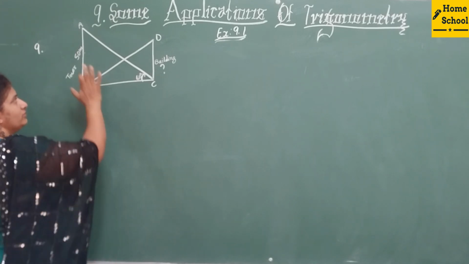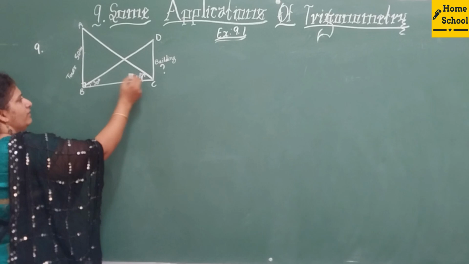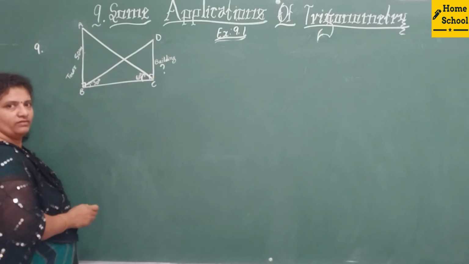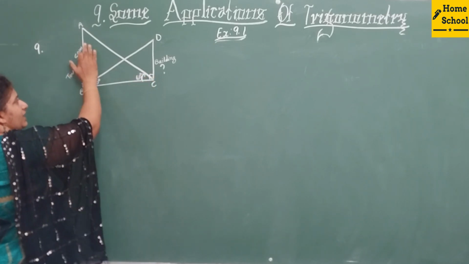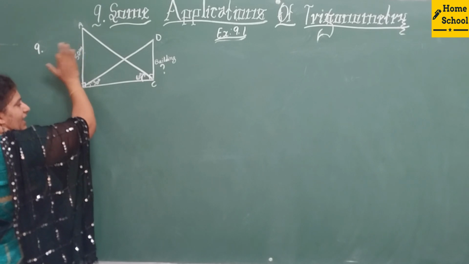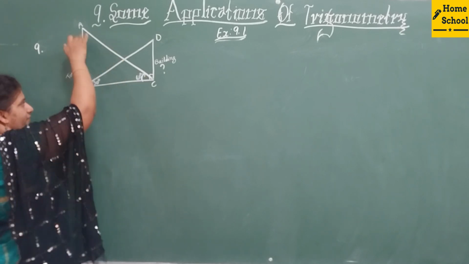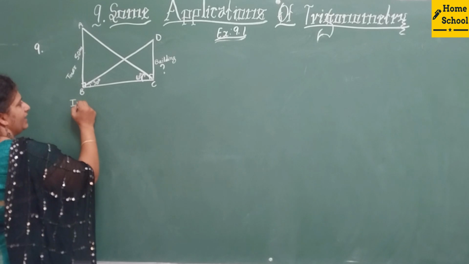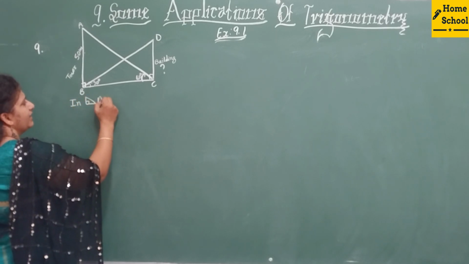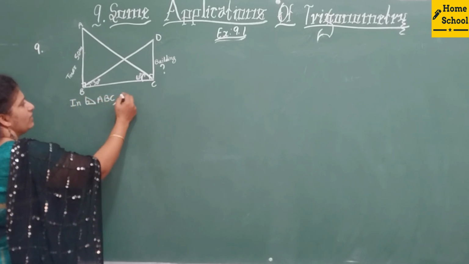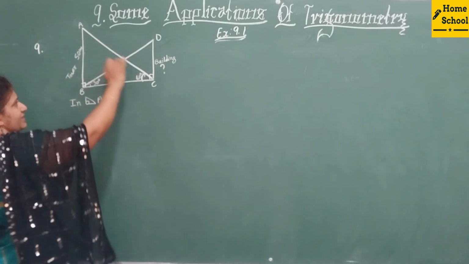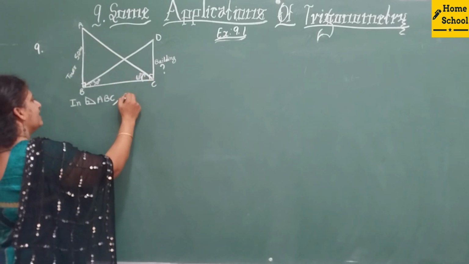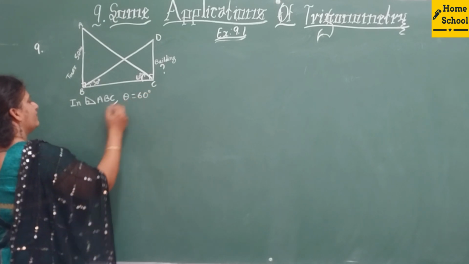So what do I know? This both are right angles. Right. Now I know in this right triangle, this side I know. So let me take first this right triangle. In right triangle ABC. What is the angle you can see in this right triangle? Theta is equal to 60 degree.